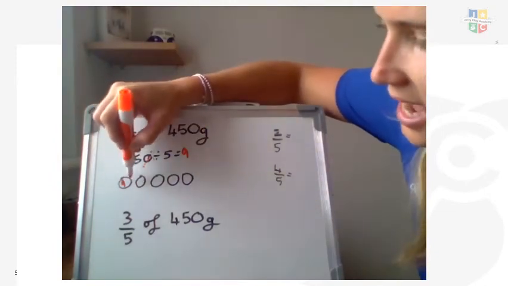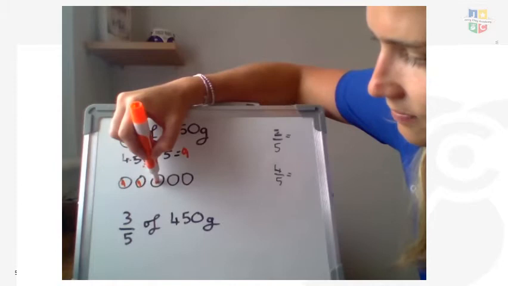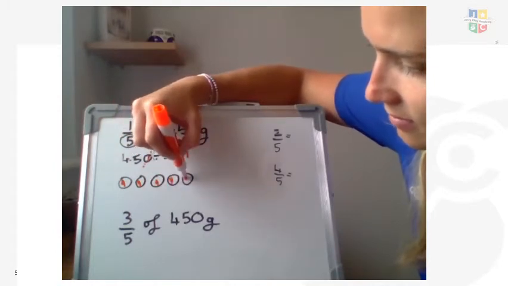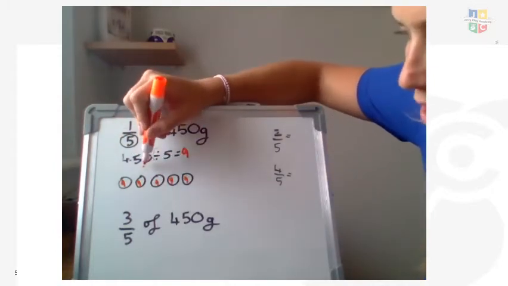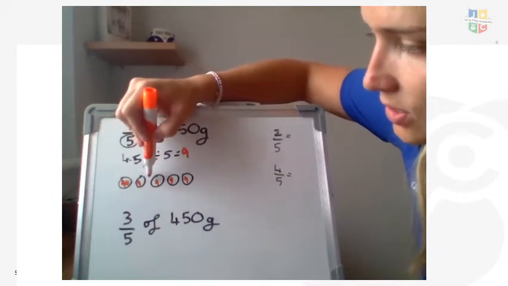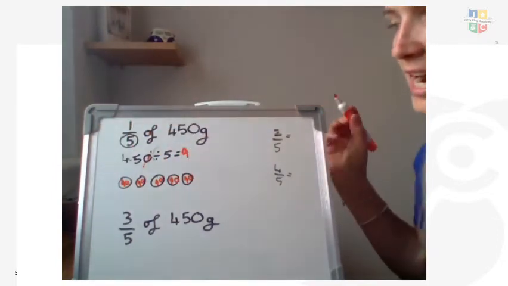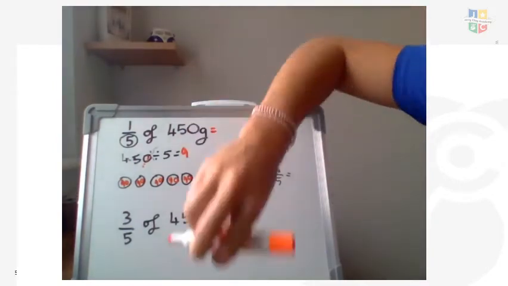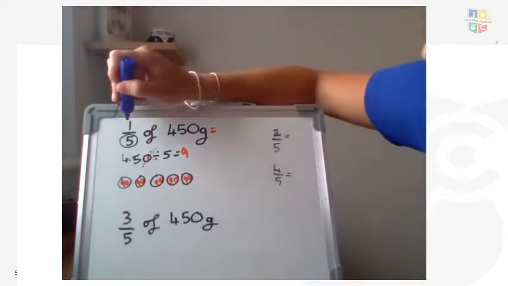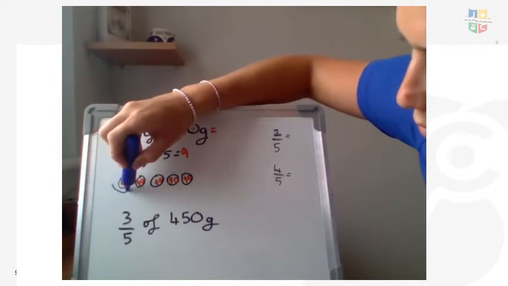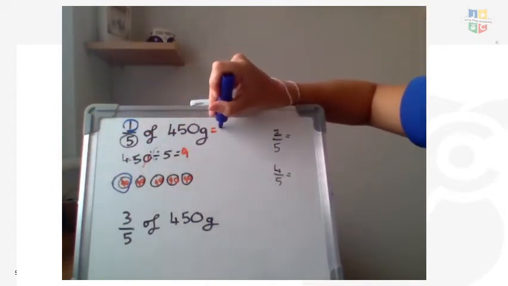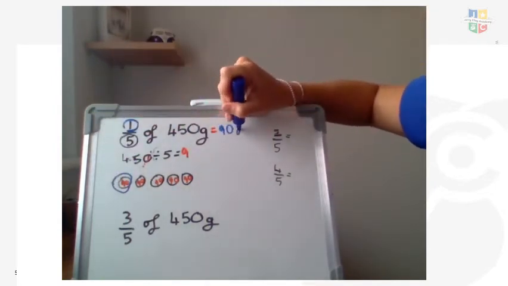So I could write 9 in each of these. However, remember we've taken off our 0, so we now need to put our 0 back on. So if I was finding what 1/5 is worth, I would look at 1 part and say that 1 part was worth 90 grams.